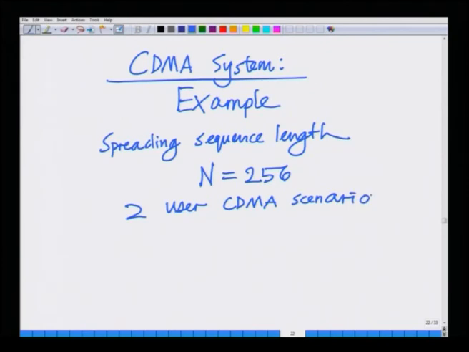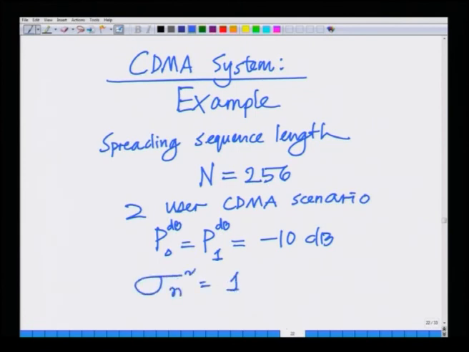Going to consider a 2 user CDMA scenario in which P0 equals P1 equals minus 10 dB, that is, the powers in dB are minus 10 dB.